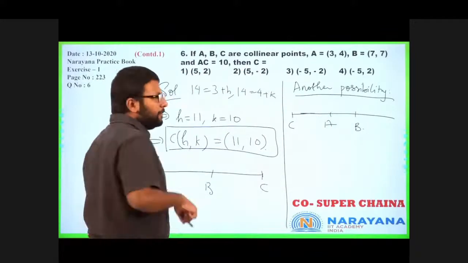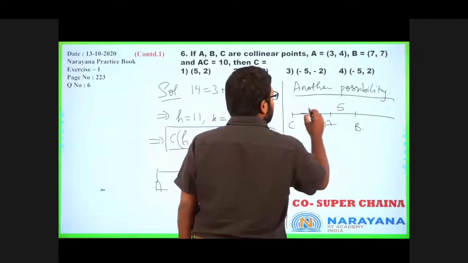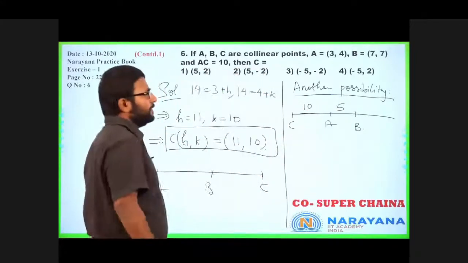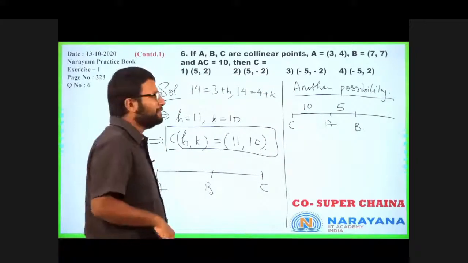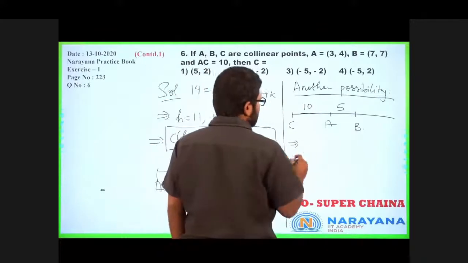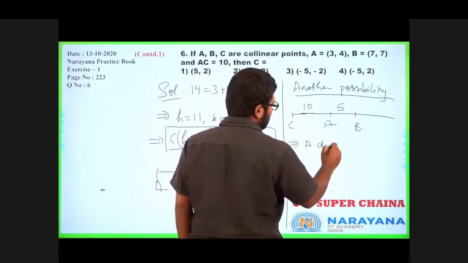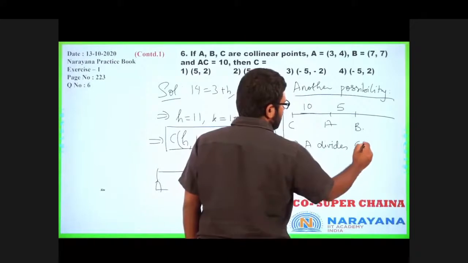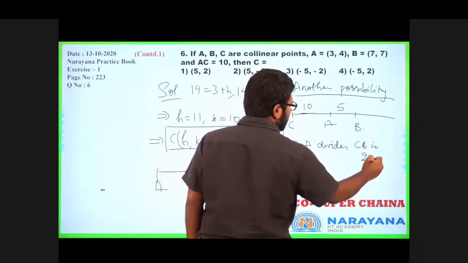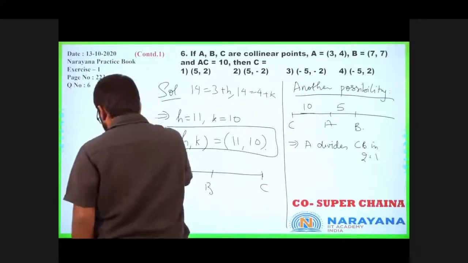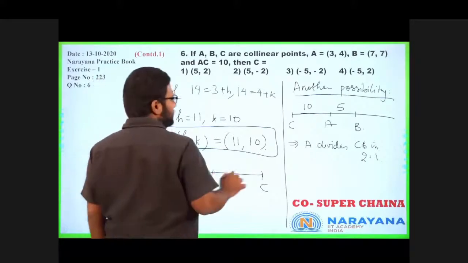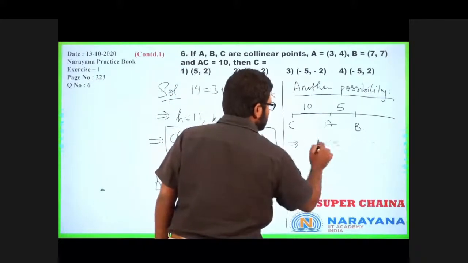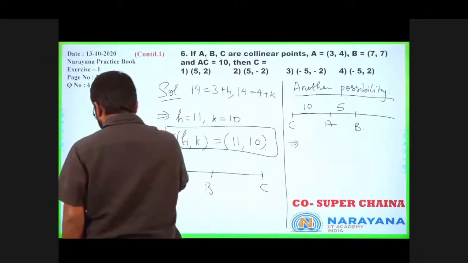But we know some other very important things. We know that AB is 5 and AC is 10. Right? This is also possible. Which means A divides CB in 2:1. Right? Which means once again we can apply the section formula, or we will just use external division.